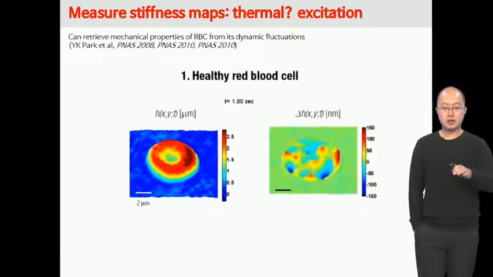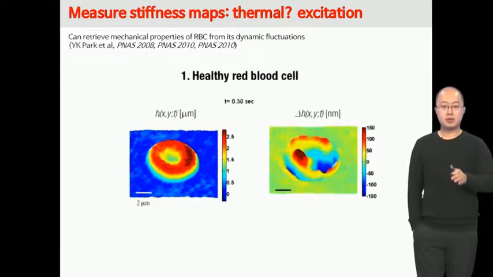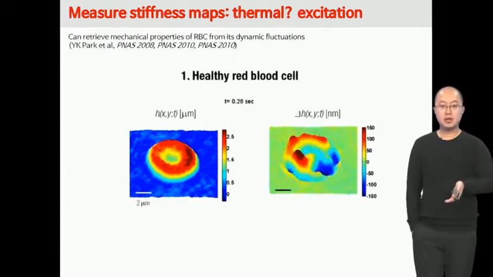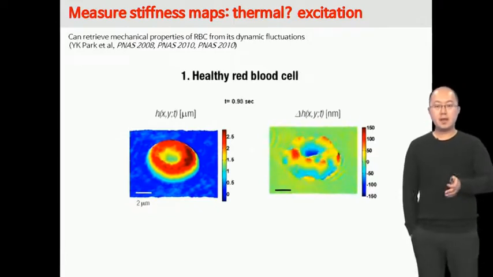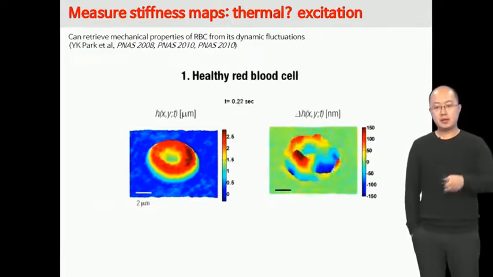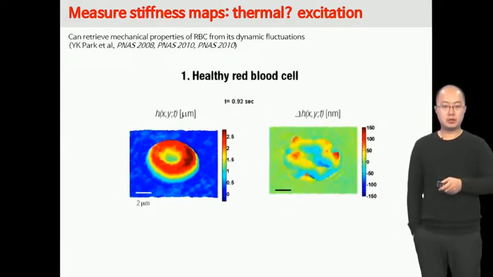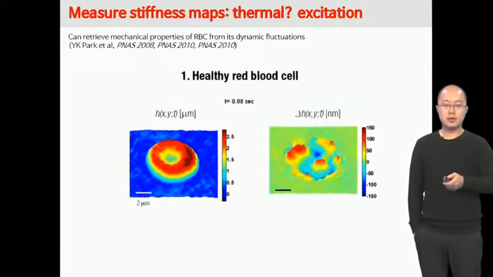For example, the red blood cell exhibits a tiny vibration because it is a very soft and elastic biological cell, showing membrane vibration on the order of 50 nanometers. Previously we retrieved useful mechanical parameters from these quantitative phase measurements.